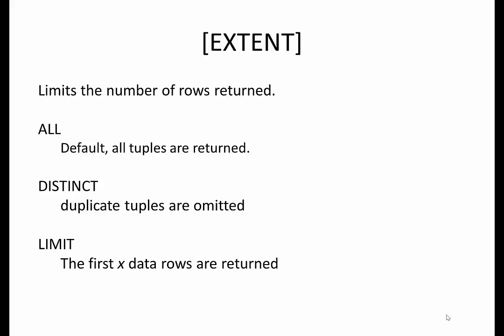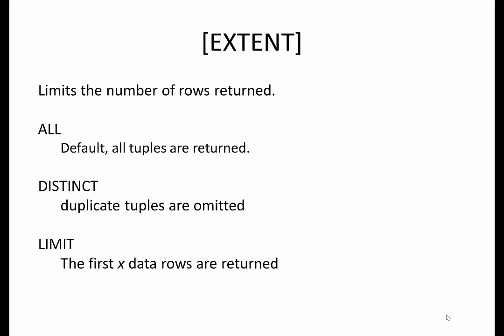The extent option, which comes before the list of fields, is an optional parameter, and it affects how the data is returned, what rows are returned by the query. The default, which you don't need to add in, is all, which just means all records are returned as expected given the rest of the query. The distinct keyword is quite often used. It's a really useful one.